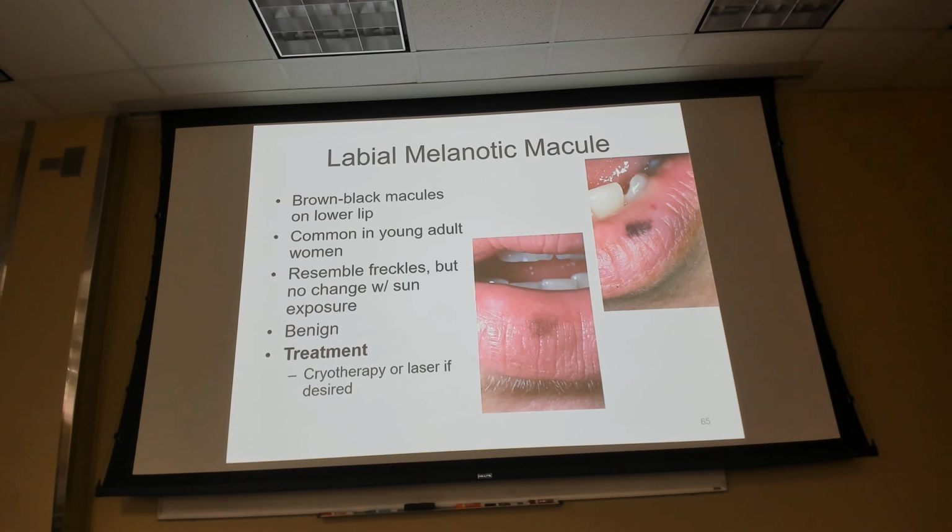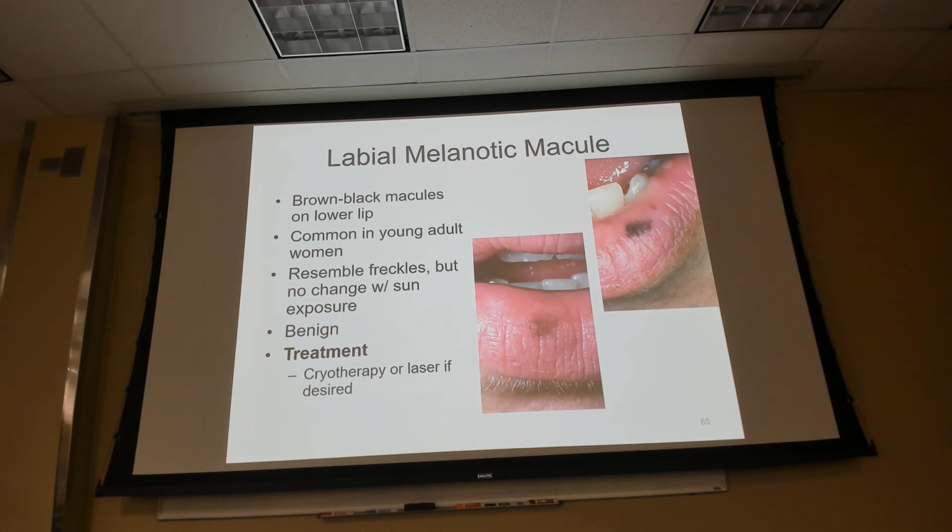It would look like something that is a freckle, but there is no change in that if they're having some sun exposure. Again, benign, we can cryo or laser it if it is asked for. Young adult women will probably ask for it to be removed, or let them know.